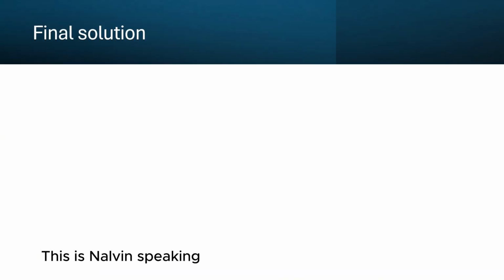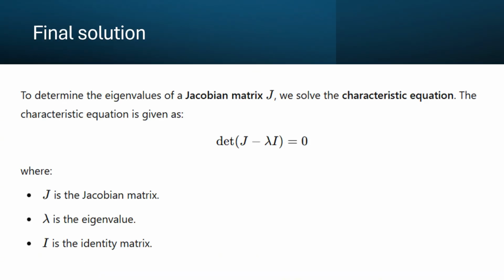And now we are here to find the eigenvalues of the Jacobian matrix J, in which we have to solve the characteristic equation. The characteristic equation is given as determinant of J minus lambda I equals 0, where J is the Jacobian matrix, lambda is the eigenvalue, and I is the identity matrix.